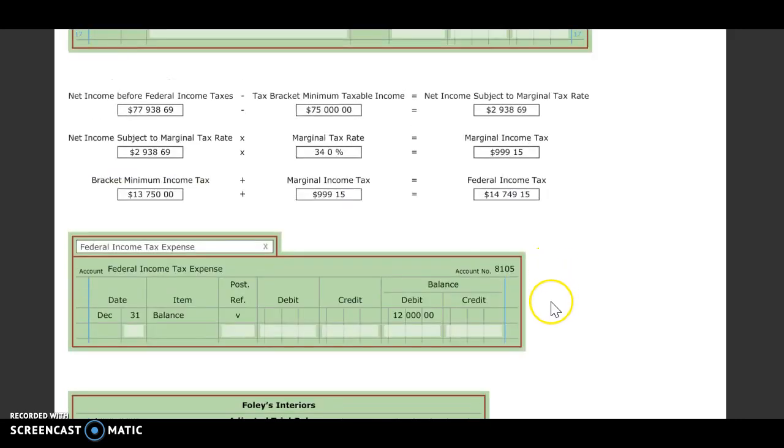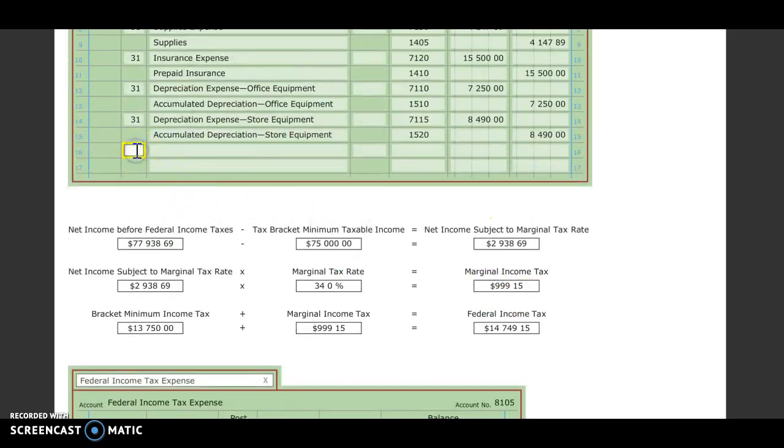That's going to be my adjustment because my federal income tax expense needs to equal this $14,749.15. So that tells me that I'm going to debit federal income tax expense. So I'm just going to go ahead and put that in as my adjustment. I'm going to debit for $2,749.15. And if I debit that, I'm going to credit federal income tax payable for that same amount.